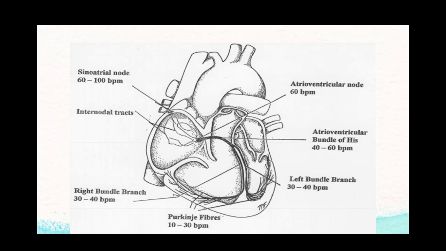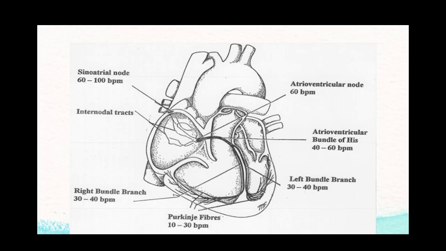The SA node likes to beat at between 60 and 100 beats a minute. Now, if I'm carrying groceries in from the car and I'm having to go up 2 flights of steps with those, the heart is going to respond by increasing my heart rate, and the SA node can actually increase that heart rate up to 150 beats a minute.